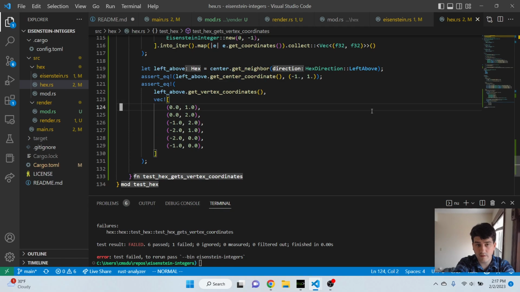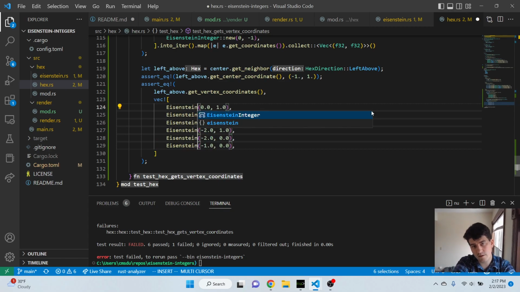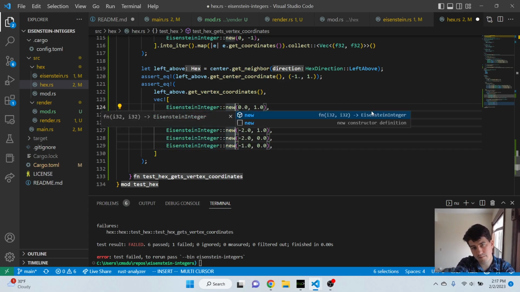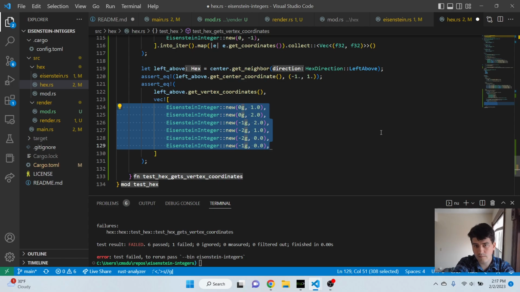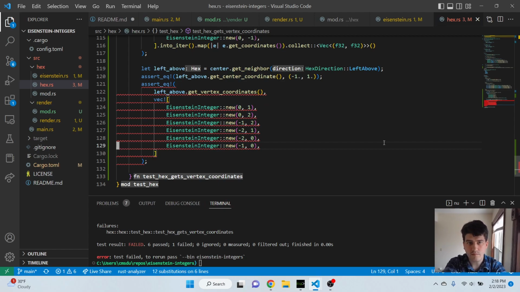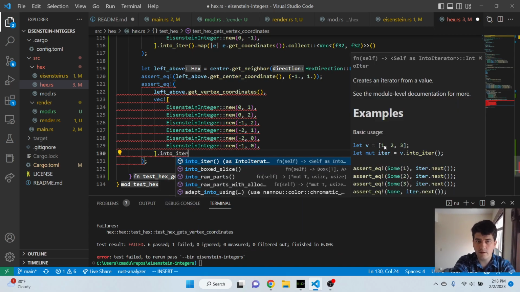And likewise here. New, and okay. Left above, get vertex coordinates, and again into iter map.